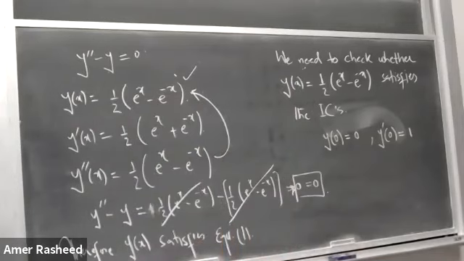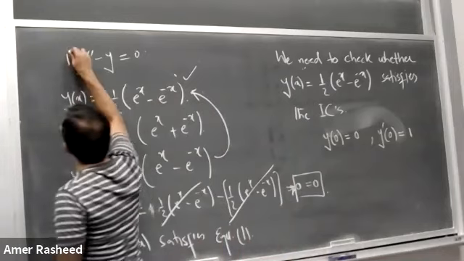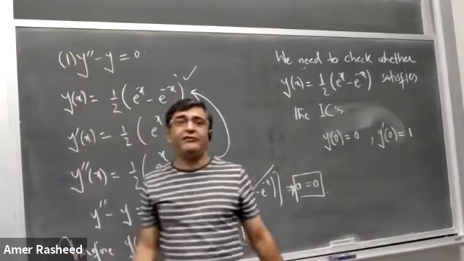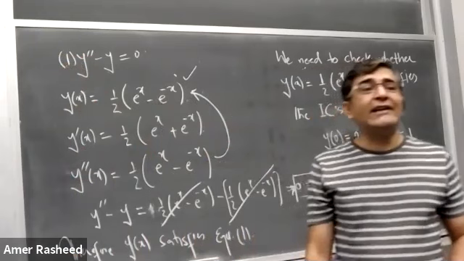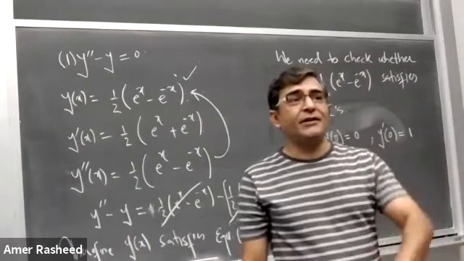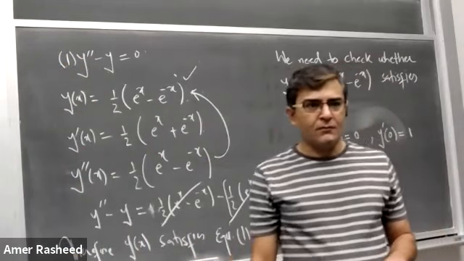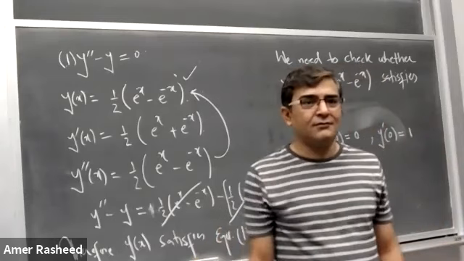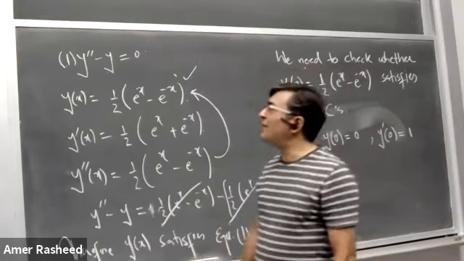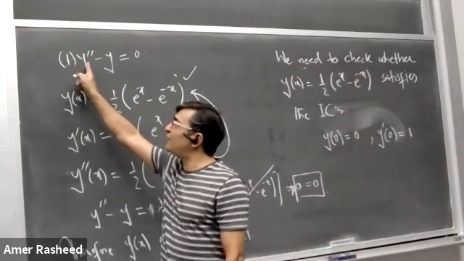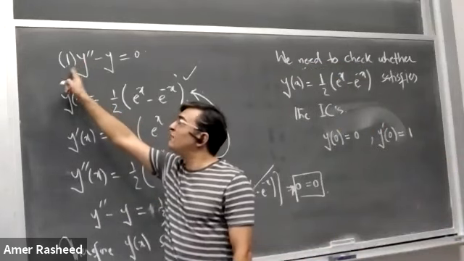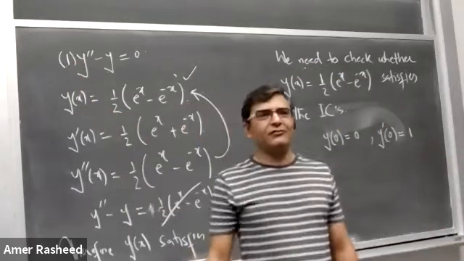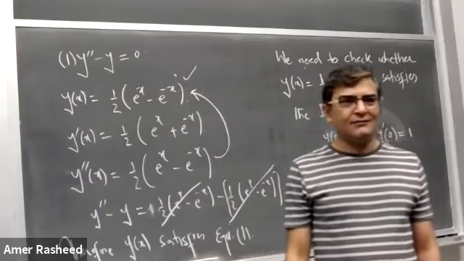If at some value of x the coefficient function a2 of x becomes 0, then the order of the differential equation is reduced at that point. That's why the coefficient of the highest order derivative must not be 0 for any value of x.